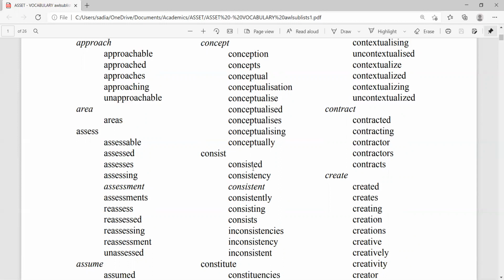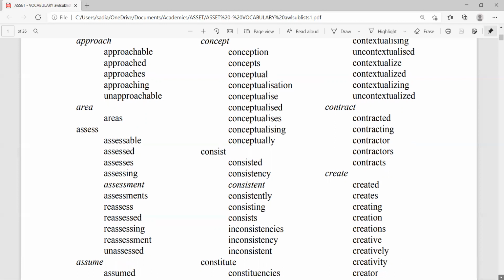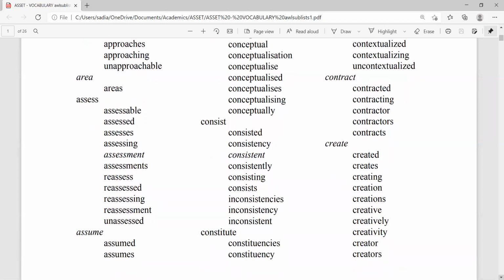Consist, ed, cy, ncy, consistent, ent, ly, ing, s, ies. Prefix also, suffix also, prefix also, suffix also. Write the part of speech, which part of speech and what is the meaning. It will help you in making sentences.